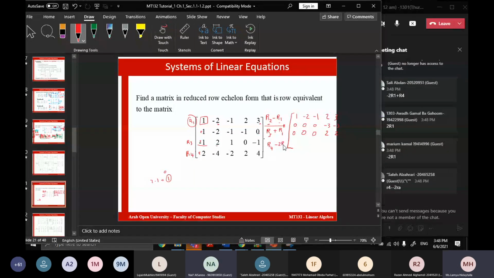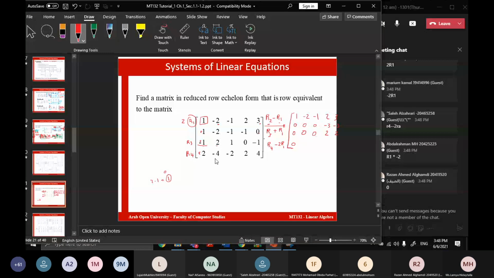Minus 2R1. So it will be 2 minus 2, 0. Here I am multiplying by minus 2, correct? Yes. 2 minus 2, 0. Minus 2 times minus 2 is 4. 4 plus minus 4 is 0, correct?